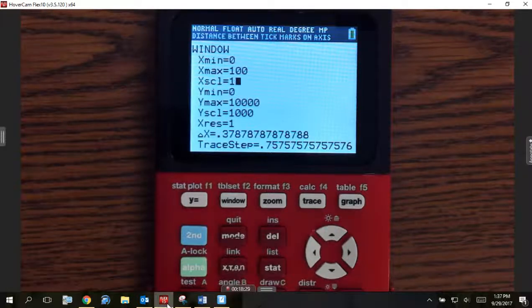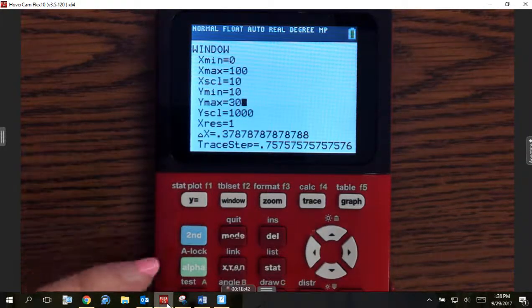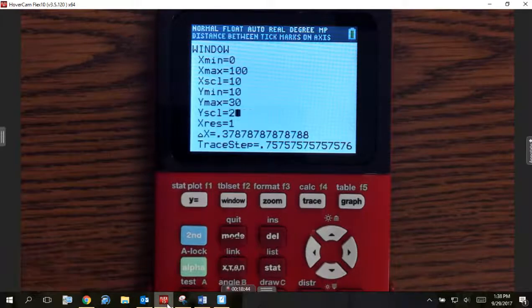And then I'll make my scale 10. And then my Y's go from maybe 10 to 30. And I'll just count by 2s. Once you have all your window information in, go ahead and hit graph and see what shows up. See that scatter plot that shows up.